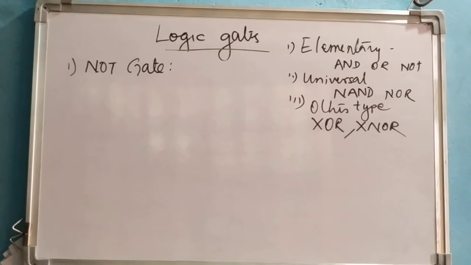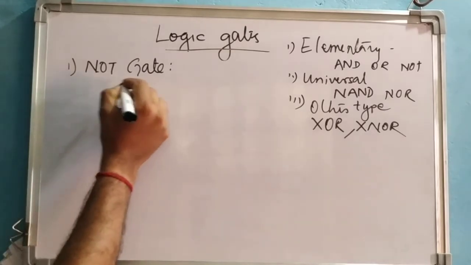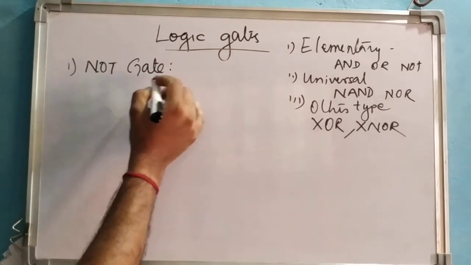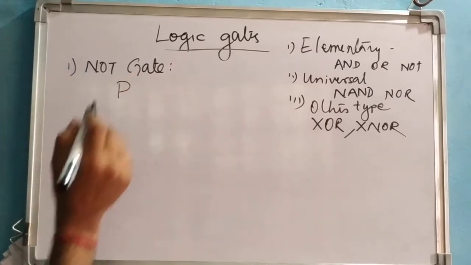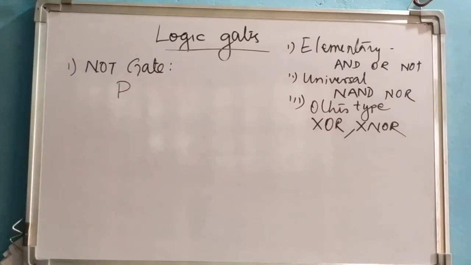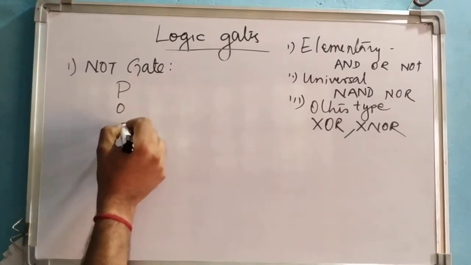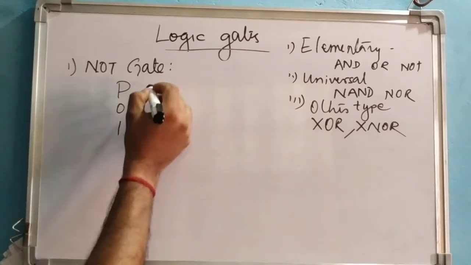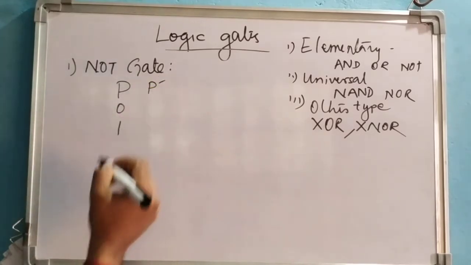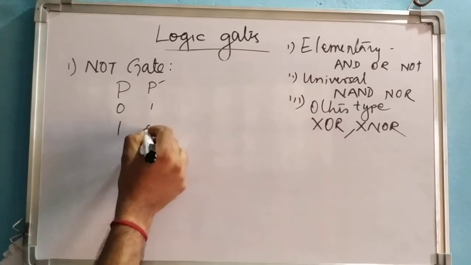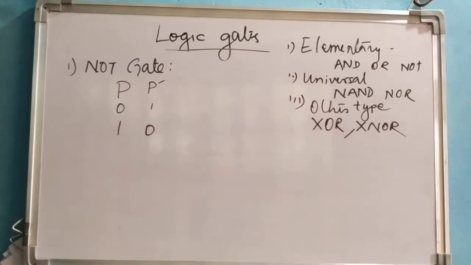It works on a single variable. If P is the variable, which can be 0 or 1, true or false, then the NOT of P will be the reverse of that. It will be represented in the truth table.